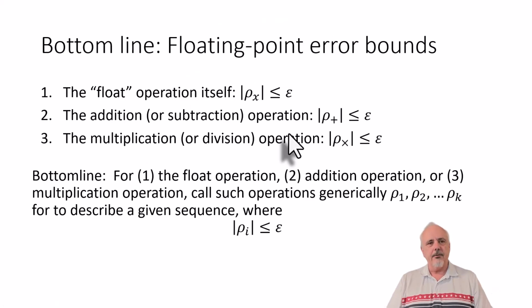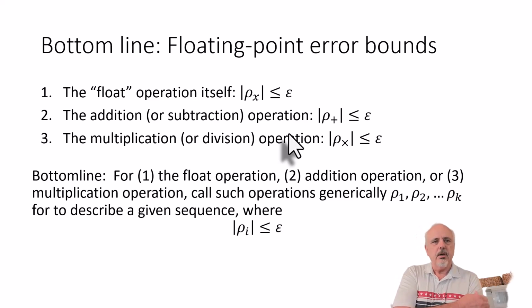Okay, so bottom line, floating point error bounds. If you're just talking about the float operation itself, the absolute value of the relative error will be less than or equal to epsilon. If you're talking about an addition of two floats, the resulting error will be less than or equal to machine epsilon. If you're talking about multiplication of two floats, the result will have a relative error of machine epsilon.